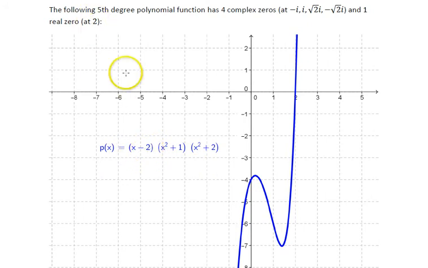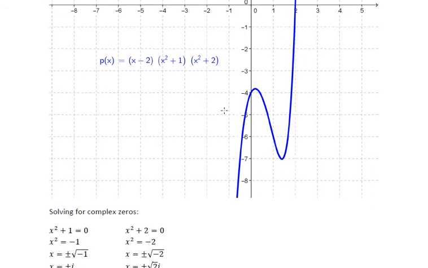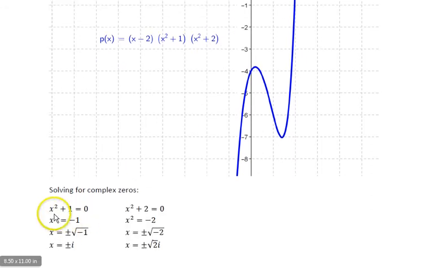X is 2. These other two terms here, x squared plus 1 and x squared plus 2, setting those equal to 0 and solving, here we get x squared equals -1. Using the square root property, we get x is plus or minus the square root of -1, and x is plus or minus i.